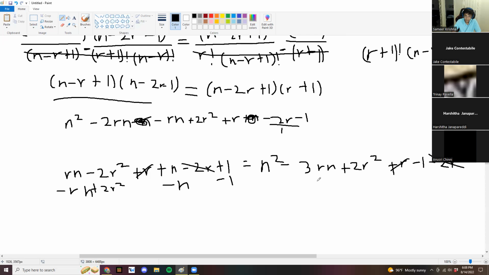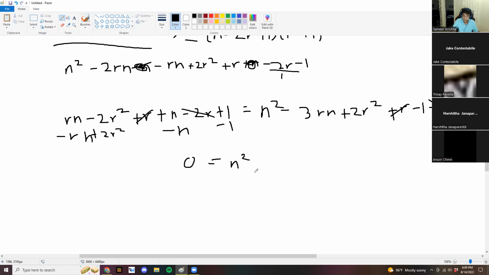So then it'd be minus r, and let me just rewrite this over here. 0 equals n squared minus 3n plus 2r squared minus 1. And then we have minus rn, minus rn, minus rn.